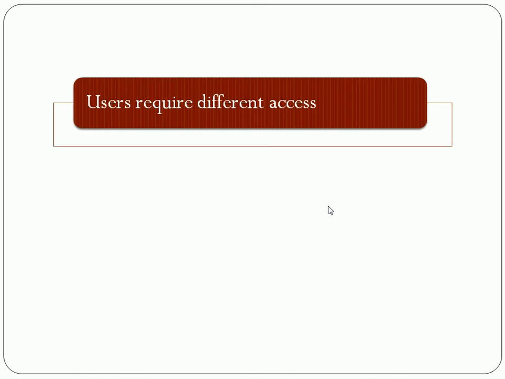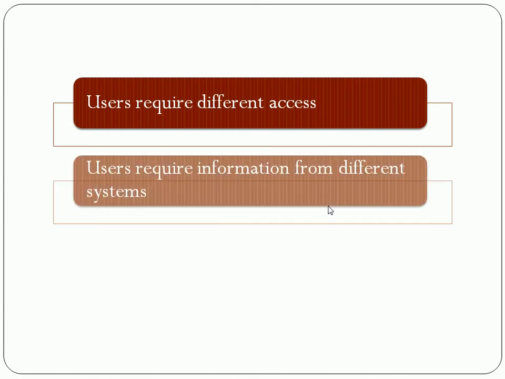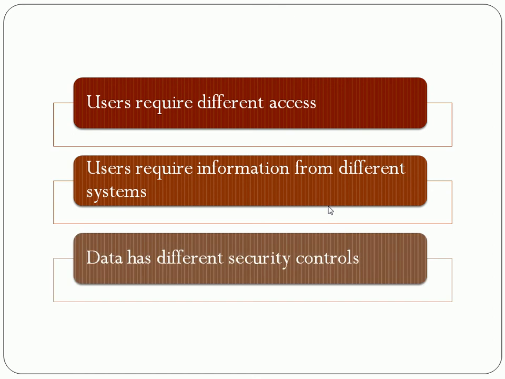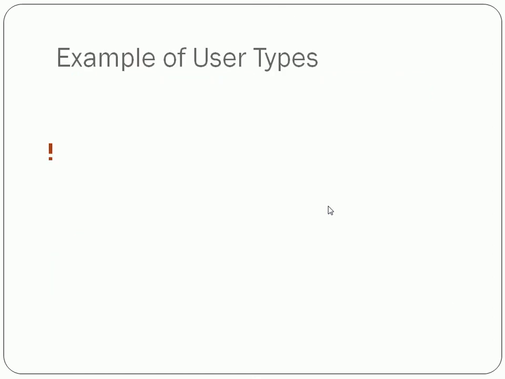So just to kind of summarize for you, users require different types of access. They require information from different systems, and data has different security controls. So thinking more about types of users, our textbook talks about this concept of types of users.